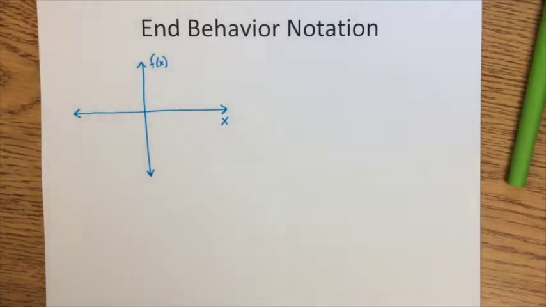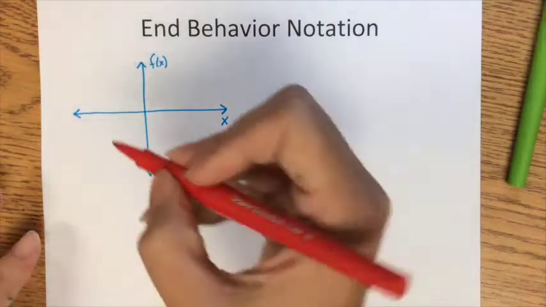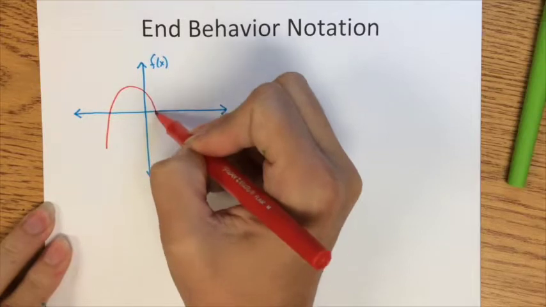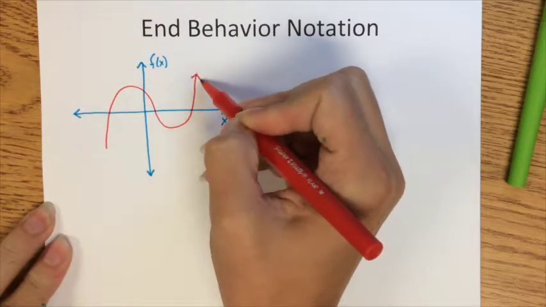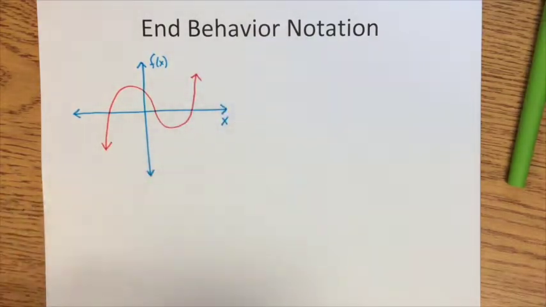Once we have determined the end behavior, on the left it does this, on the right it does that, there is a fancy mathematical way to write it. So let's look at a graph real quick. Here's a graph of a polynomial, and let's describe the end behavior of this graph.